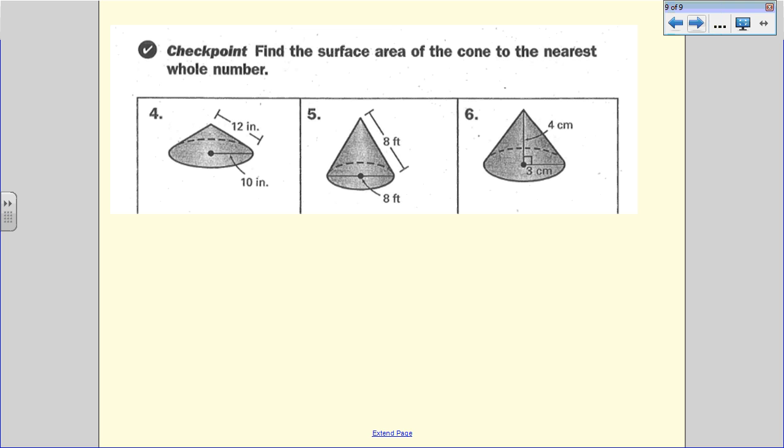If we take a look at the first one, they give us the slant height. So we're going to fill in our formula. Our formula is pi times radius squared plus pi times radius times slant height L. All right, so when we fill in what we know, we always have pi.